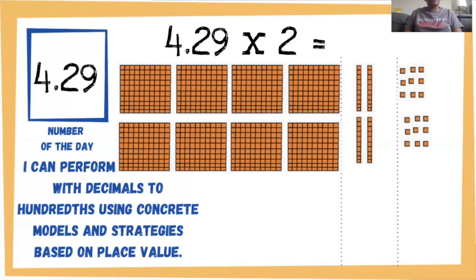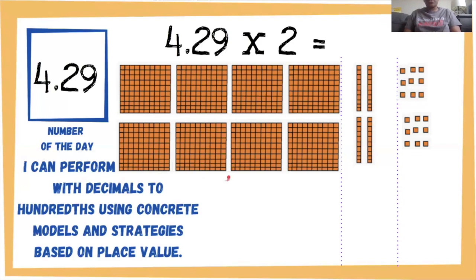Now we're ready to put them together. Let's start with our hundreds. What do we know about each place value? What do we know? That's right, they're based on a base 10 system. Therefore, we only need 10 of each model piece in a row.